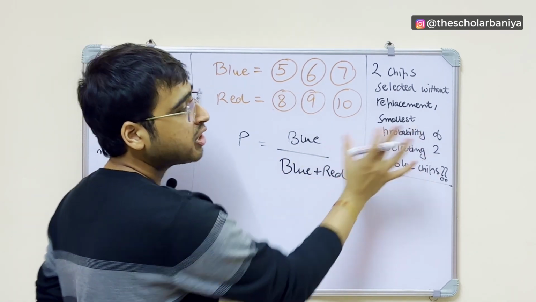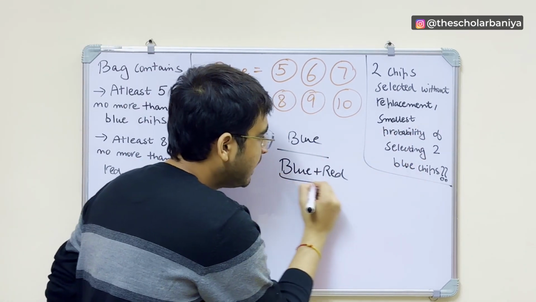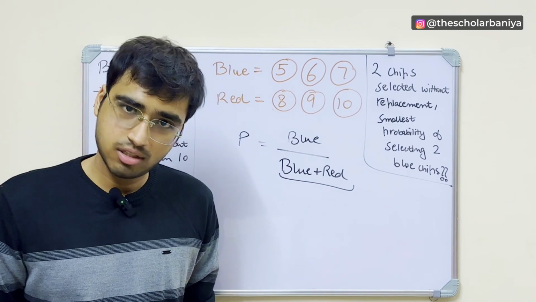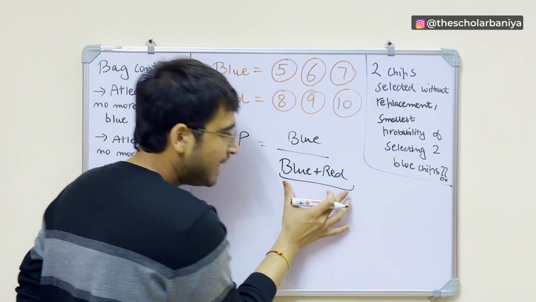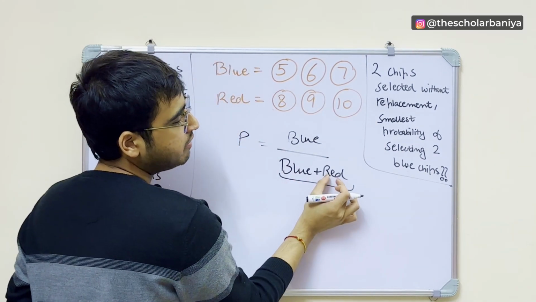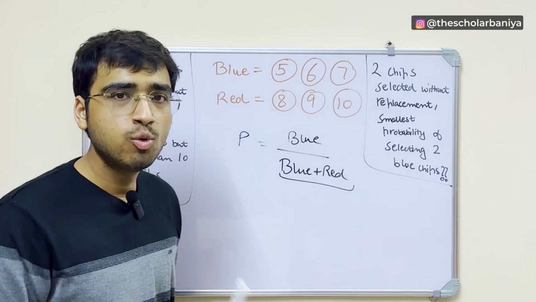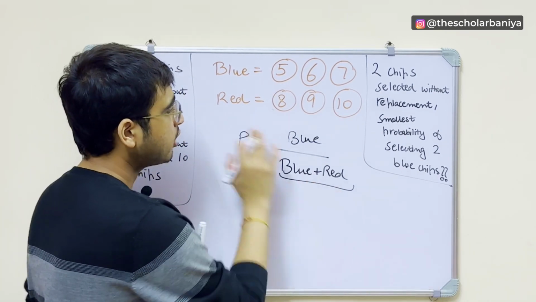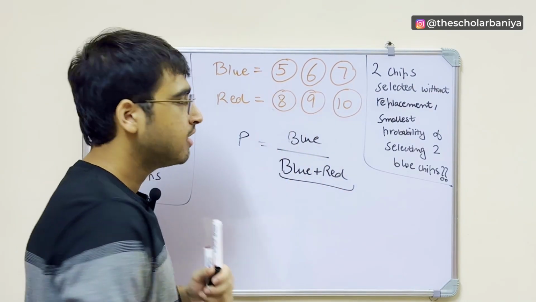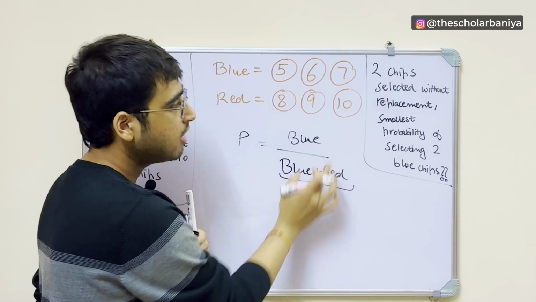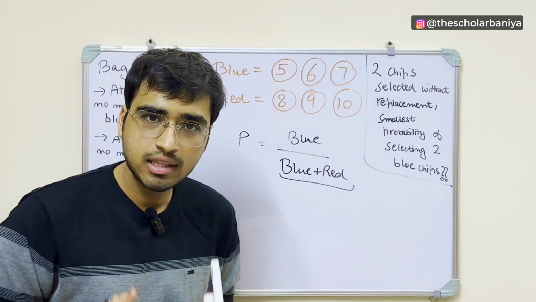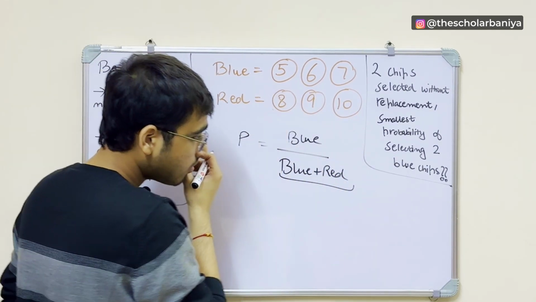Now, because we want the smallest, we want to make the denominator the largest. To make this part the largest, we will take the maximum value of red. What are the possible values of red? 8, 9, 10. Because we want this to be big, we will take 10.